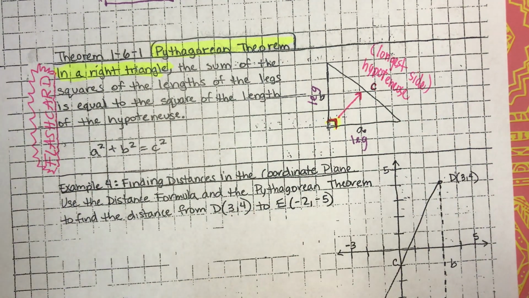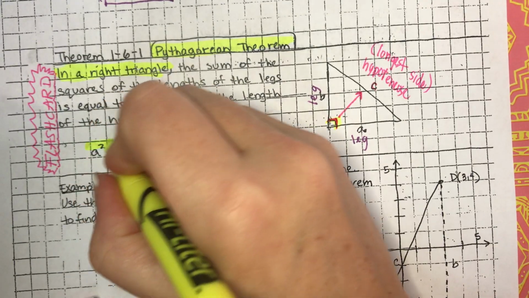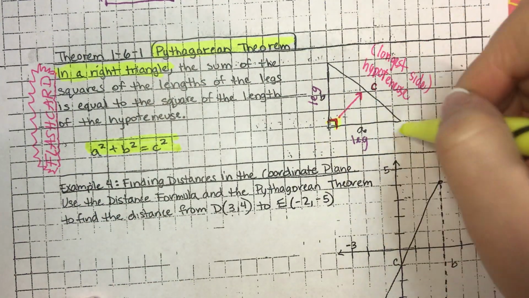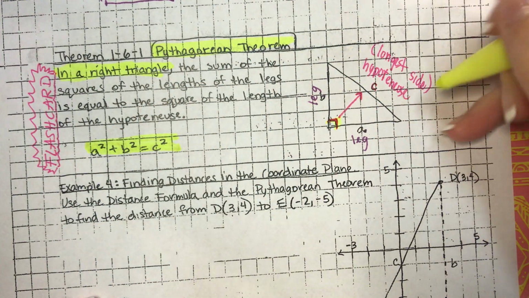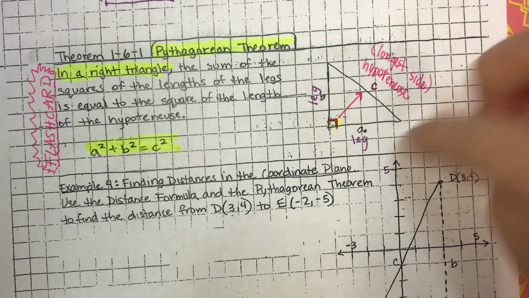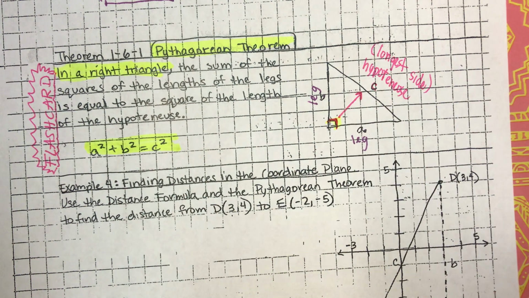All right, that is the Pythagorean theorem. So put that on a flashcard, memorize it, you can do it. I always like the little picture, and then the theorem, and then the actual formula there.